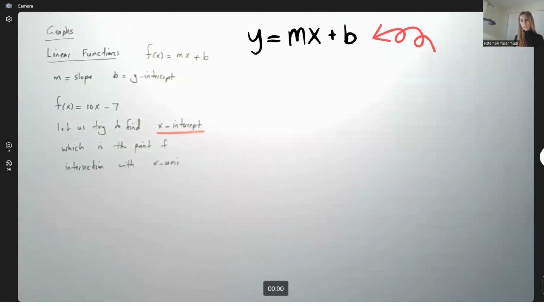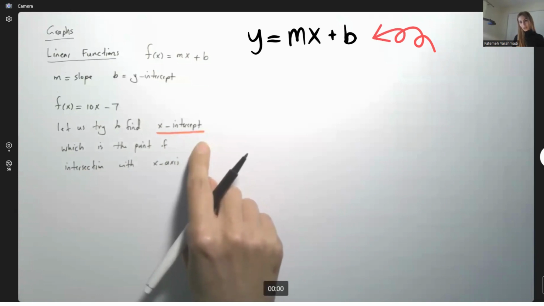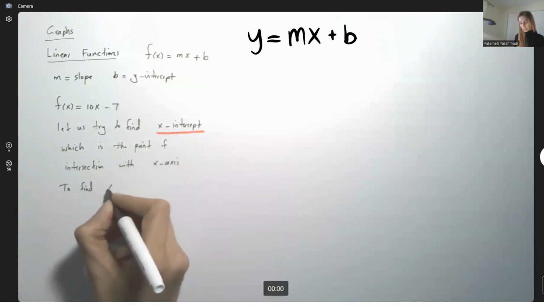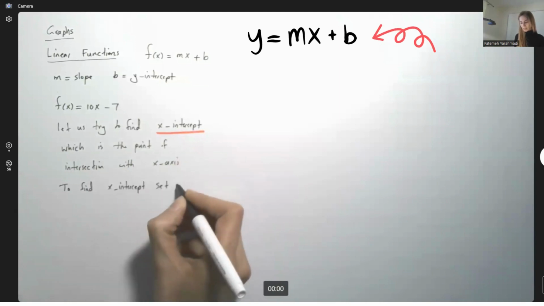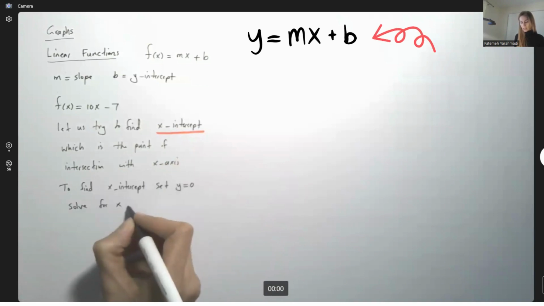So how do I find the x-intercept? To find the x-intercept, you're going to set your y value equal to 0 and solve for x.